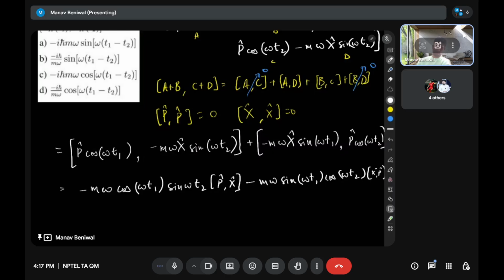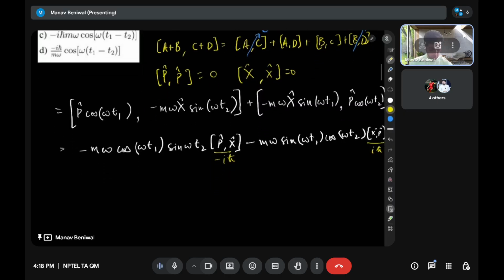Now we know the commutator relations. So we know the value of x comma p: this x comma p is just i h cut, so p comma x will be minus i h cut. Then we can simplify these things.